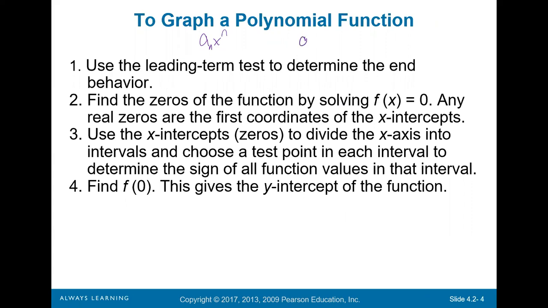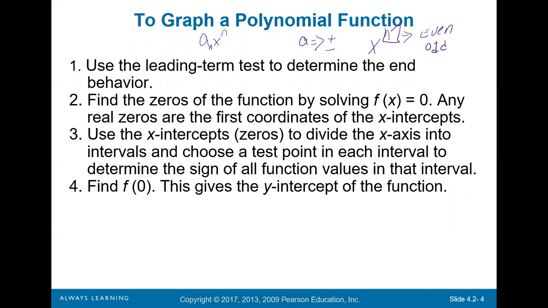So if a is positive or negative, that affects our end behavior. a is the leading coefficient, and n is the leading power, or leading degree, whichever one you want to call it. If it's even or odd, that also affects it as well.